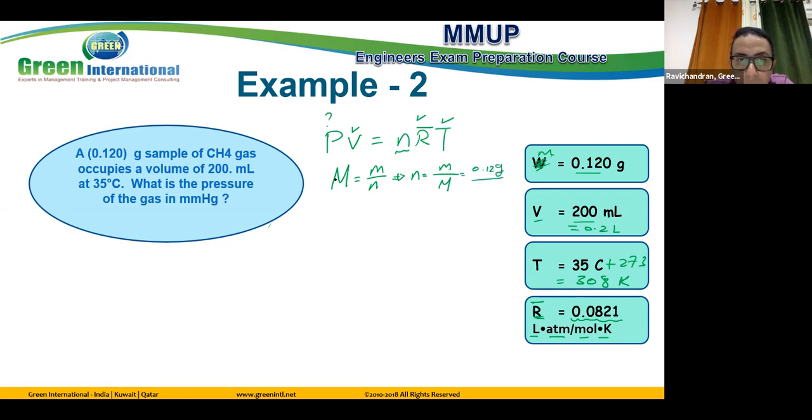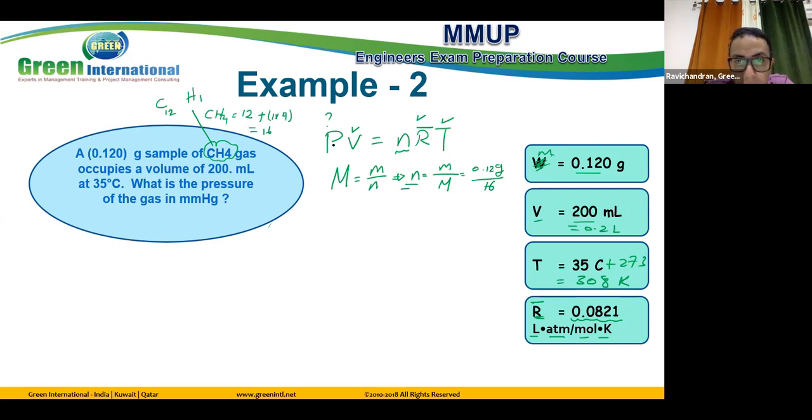What is M? It's not given, but if you check the type of the gas, we can find it. We know carbon is 12 and hydrogen is 1. So CH4 means 1 carbon, 12, plus 4 hydrogen, 4. So the molar mass for this is 16. So M is 16, and now we have n.